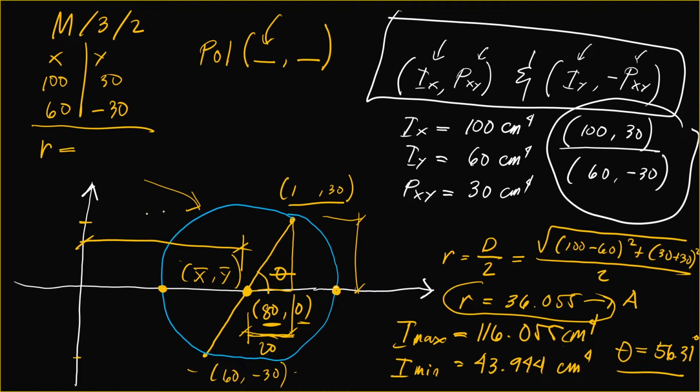Product of inertia is along the y-axis, the Pxy axis. So on the Mohr circle the maximum is at that point, and the distance from the center of the circle is the radius. Therefore, the maximum product of inertia is equal to the radius, which is 36.055.